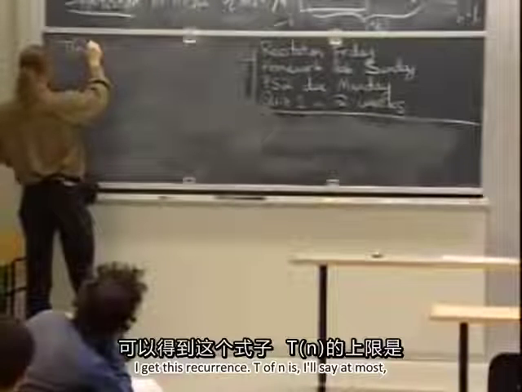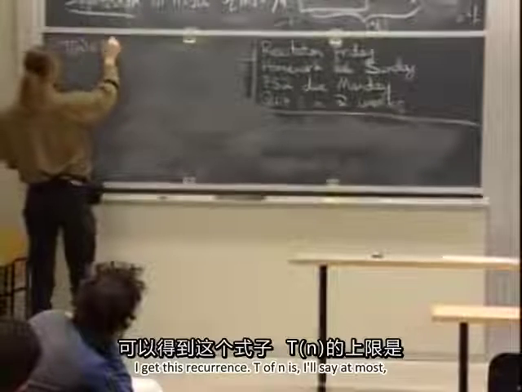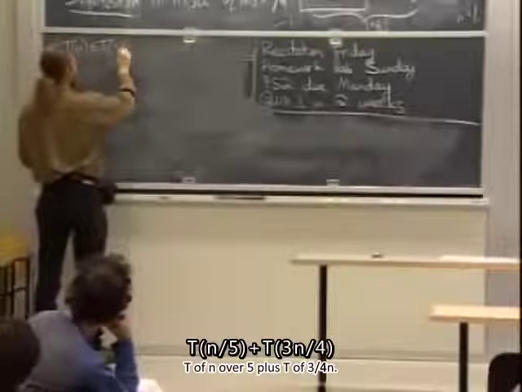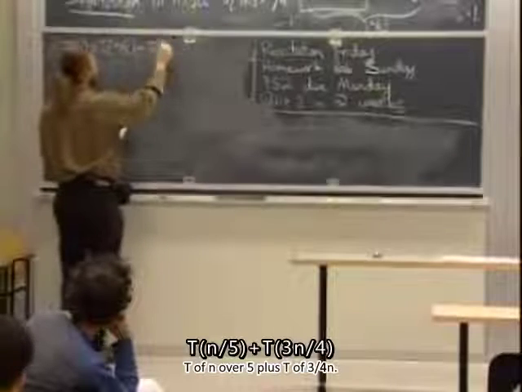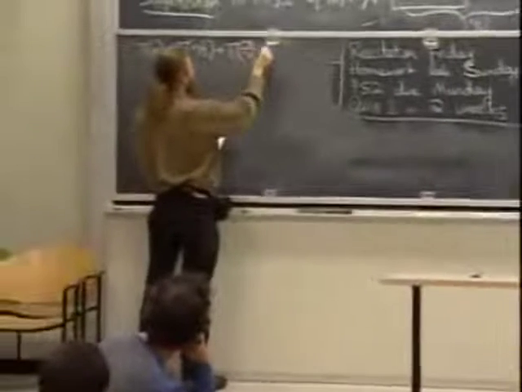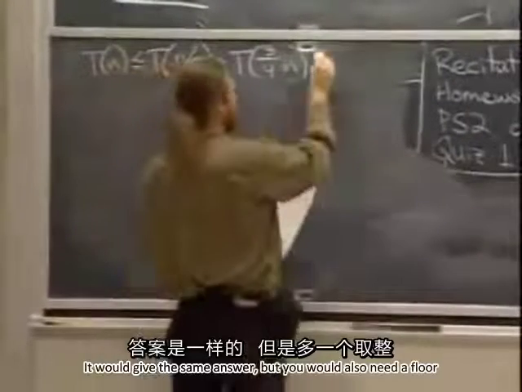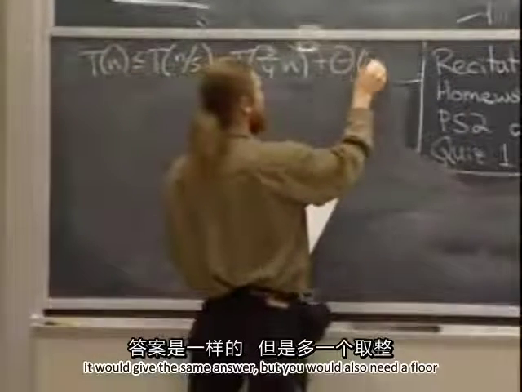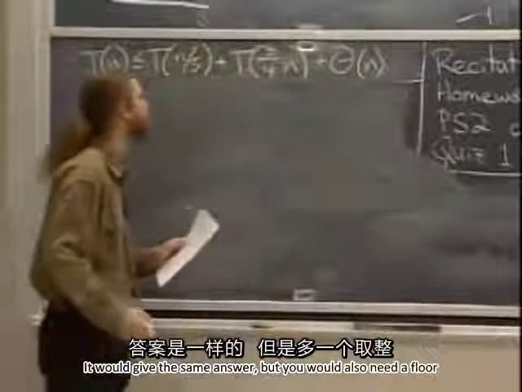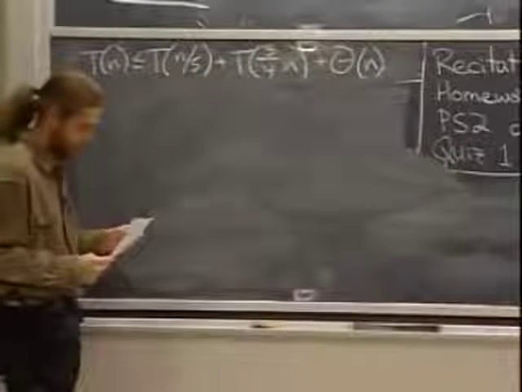T of n is, I'll say at most, T of n over 5 plus T of 3/4 n. You could have also used 7/10. It would give the same answer. But you'd also need a floor. So we won't do that.